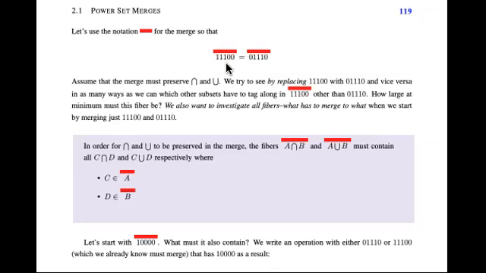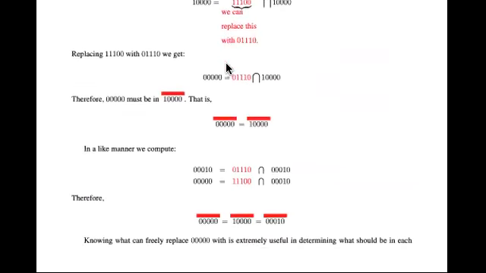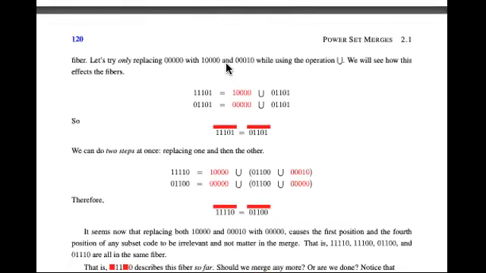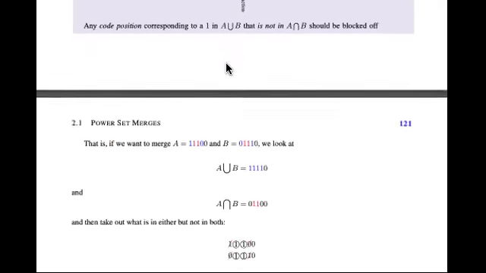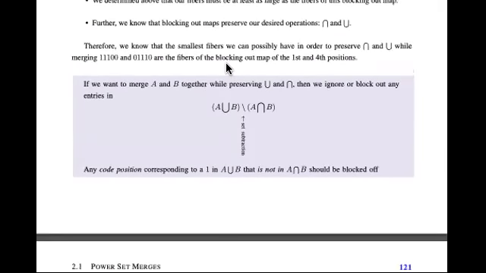We know exactly which positions to block out because we're just asking which ones actually make a difference. Then we cover those up so we don't see the difference, and then we know they have the same image. Then we get the merge, and we're done with that particular description. Here's a little bit more that describes this.